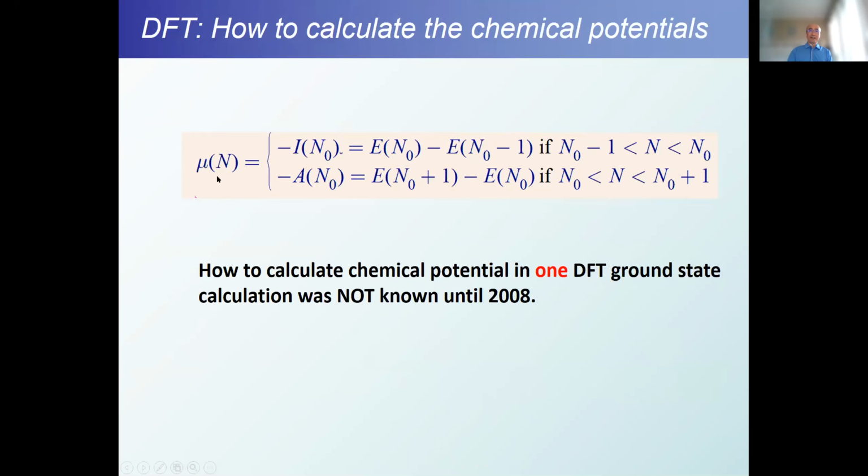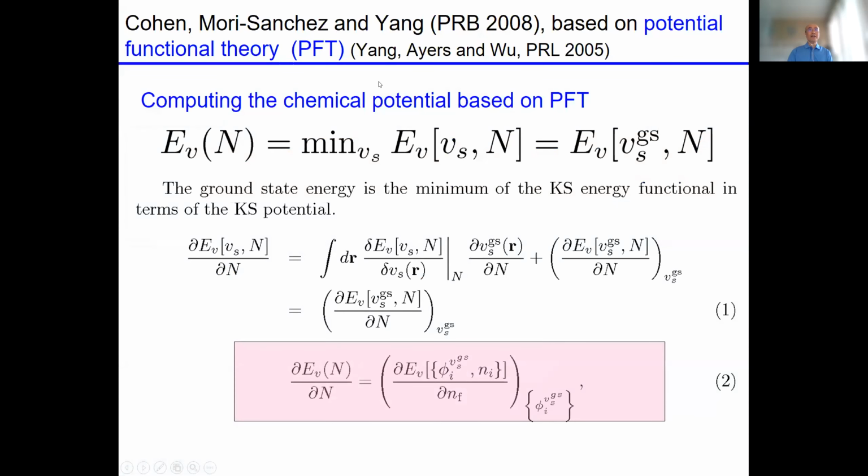So the chemical potential is related to I and A, but how to calculate chemical potential from a ground state DFT calculation was not known until 2008. So in 2008, we derived the formula to calculate chemical potential. I'm not going into any details, but that's the conclusion.